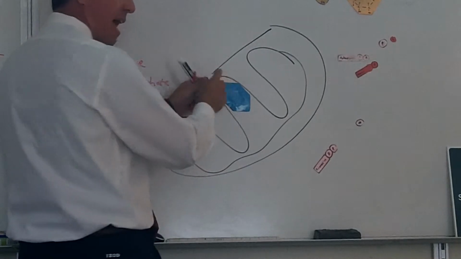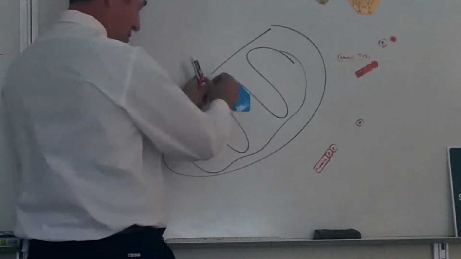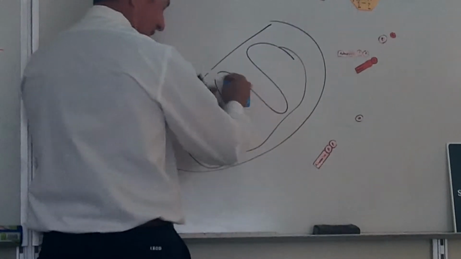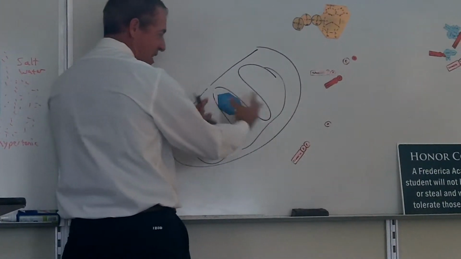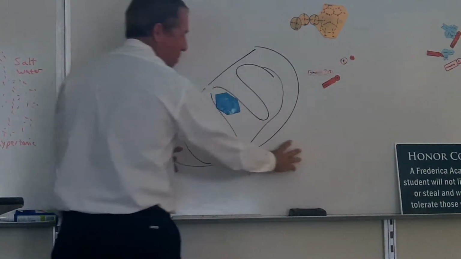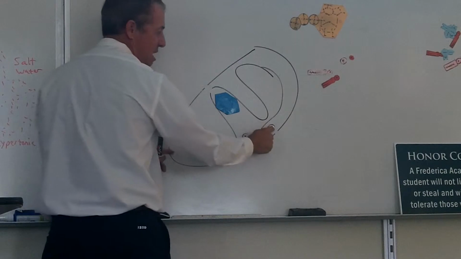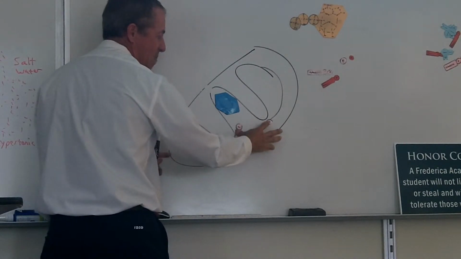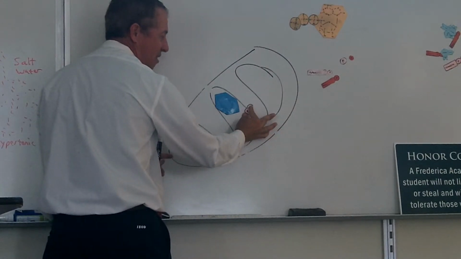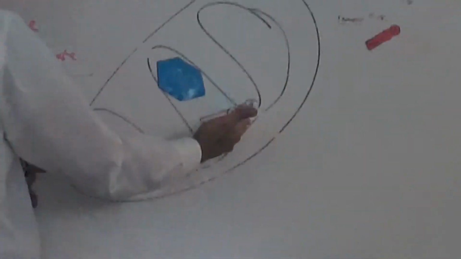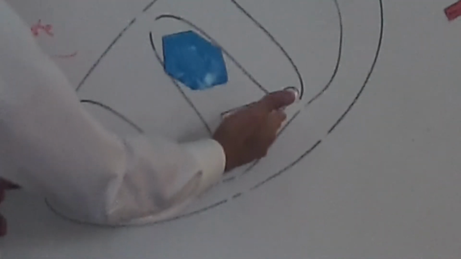An exergonic reaction, you should know this from chemistry, releases energy. And the energy that comes out of the breakdown of the glucose is picked up by ADP and P. And ADP and P are put together to make ATP, and ATP leaves.